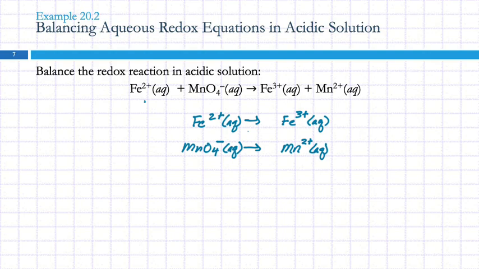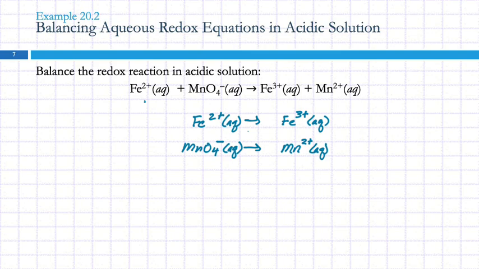So next step, balance for mass. One iron, already balanced. One manganese, already balanced, but I have 4 oxygens here. There are no oxygens over here for me to put a coefficient on. So this is where the rules say balance oxygen by adding water. This is not some magical thing where we're suddenly injecting water.